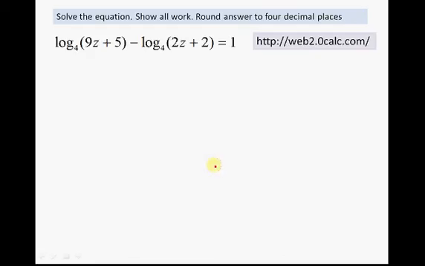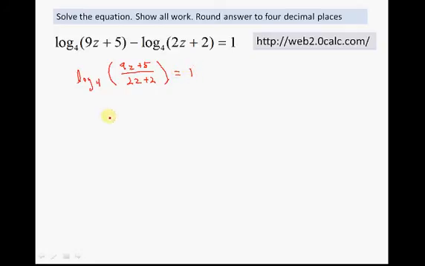The first thing we're going to apply is the quotient property. Using the quotient property, we can rewrite this as log base 4 of the quantity 9z plus 5 divided by 2z plus 2 equals 1.